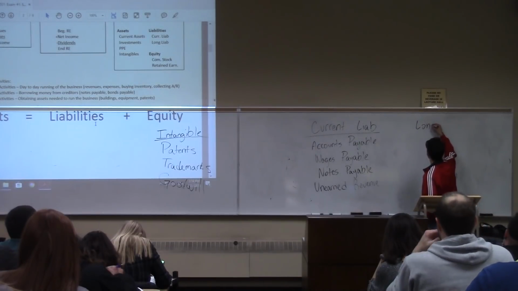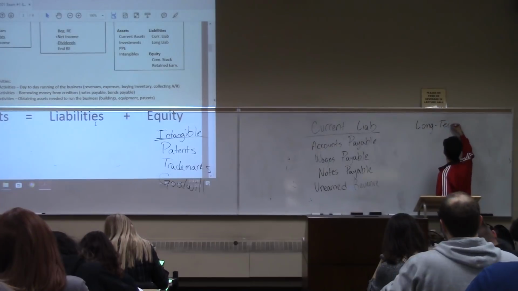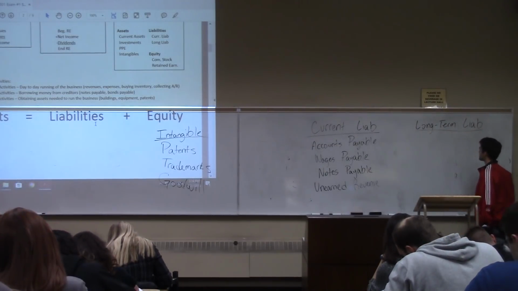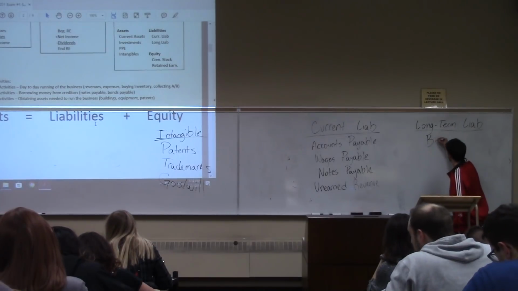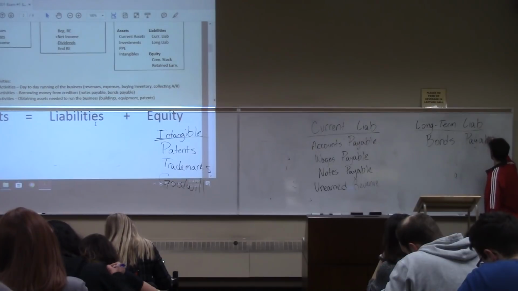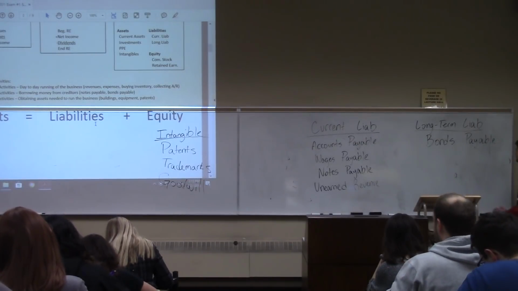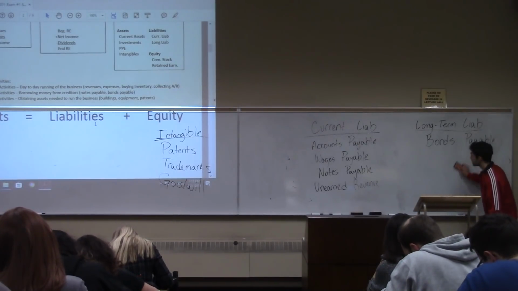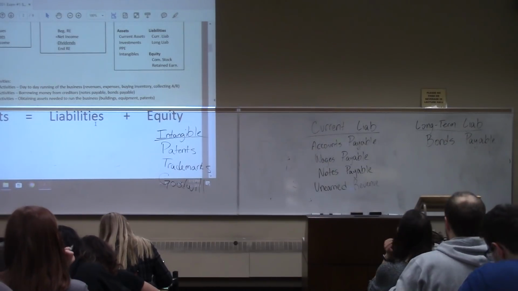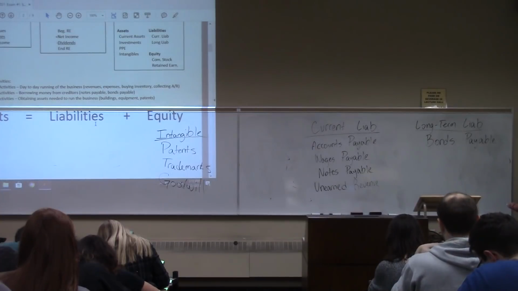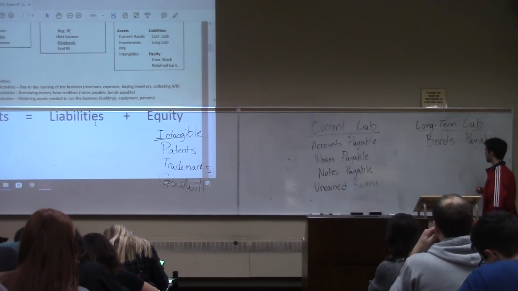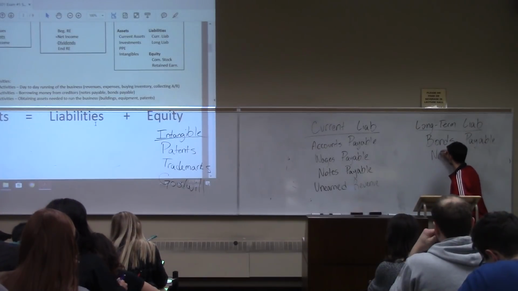And we've got long-term liabilities. Those can include bonds payable, which is when the company issues bonds and they have to pay off those bonds eventually. We can have notes payable as well.